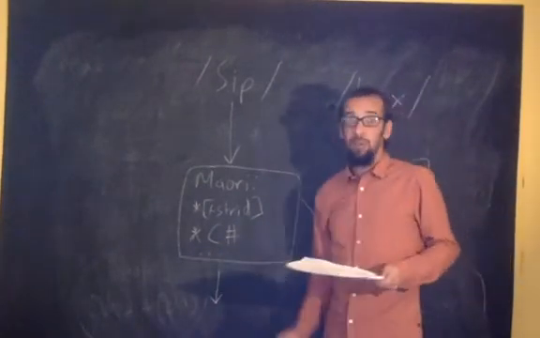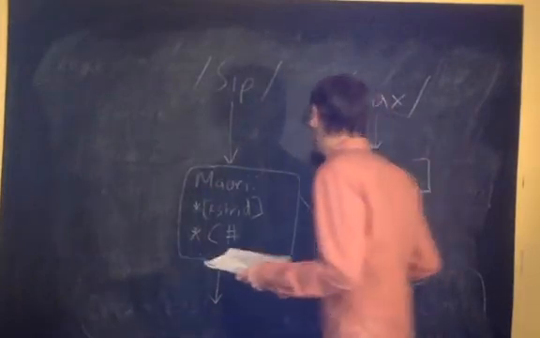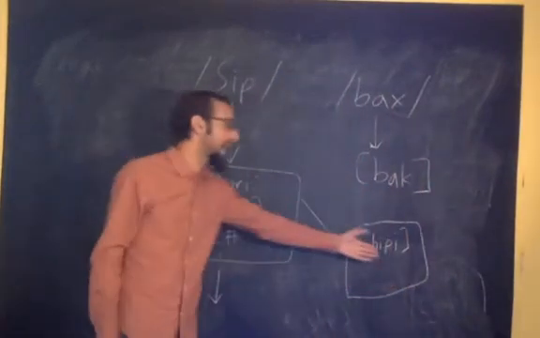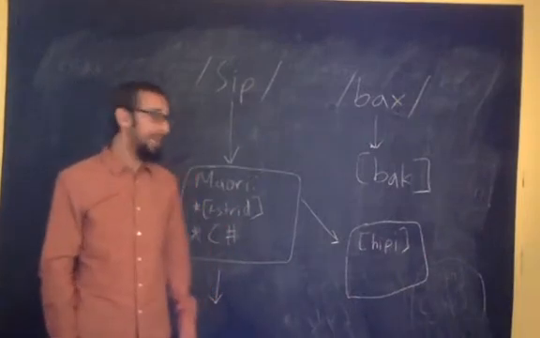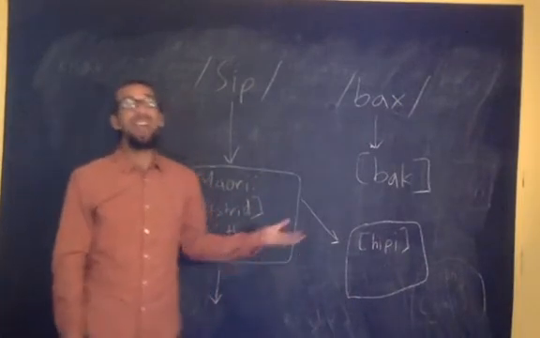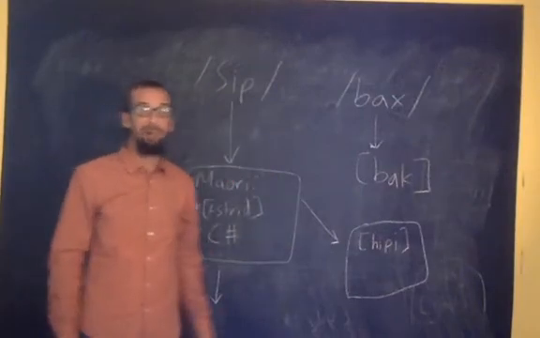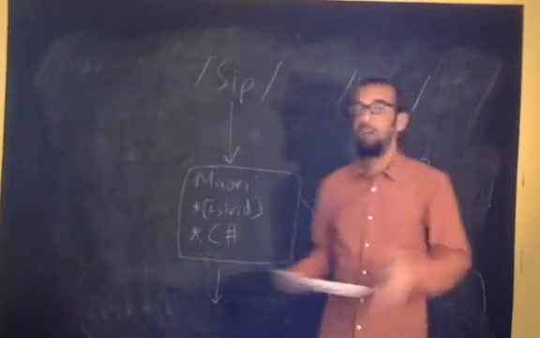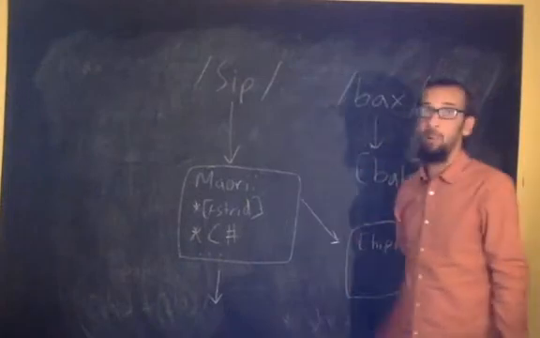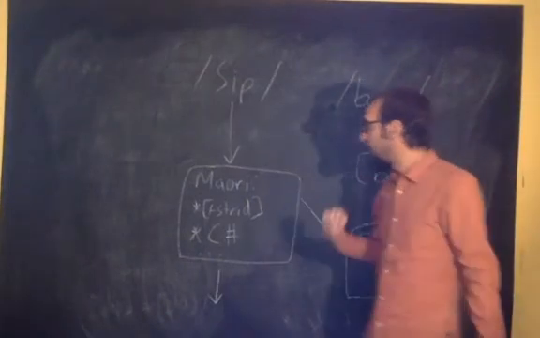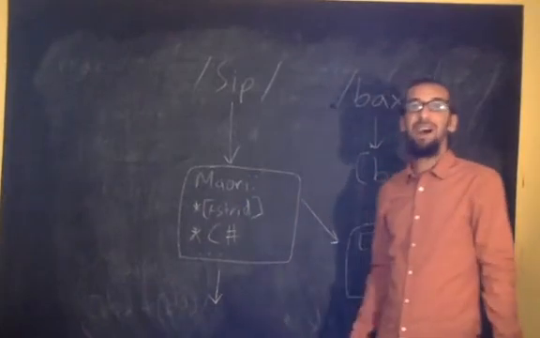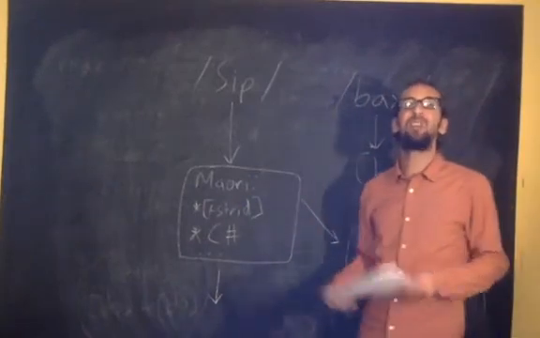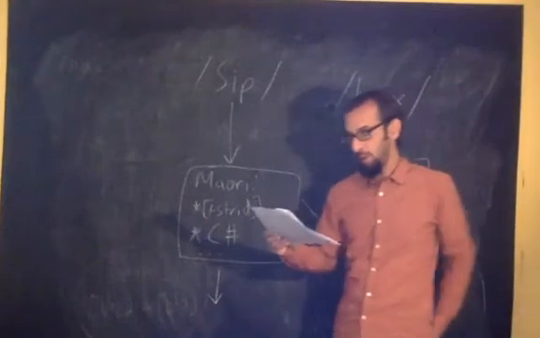The less marked option would be this kind of a mapping of hipi, which conforms to phonotactics of Maori, but now we're doing so at the expense of changing the input. So these goals of maintaining similarity to the input, of faithfulness, and maintaining Maori-like output patterns, of markedness, are directly in tension, directly in conflict with one another.